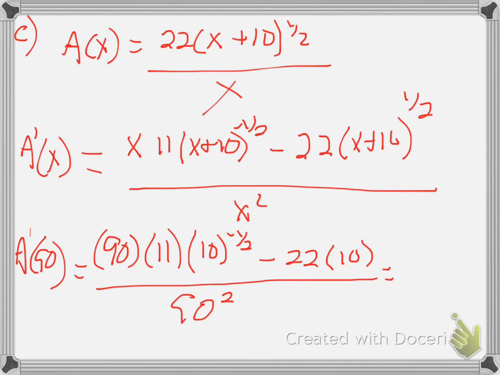Now, when you do that, you're going to get negative 0.0149. Now, the average cost is decreasing because A prime of 90 is negative, less than 0.